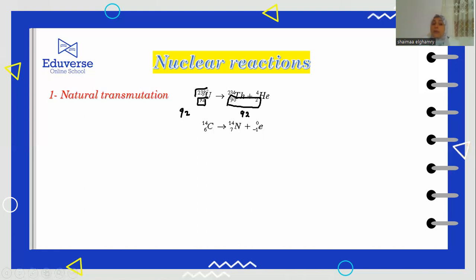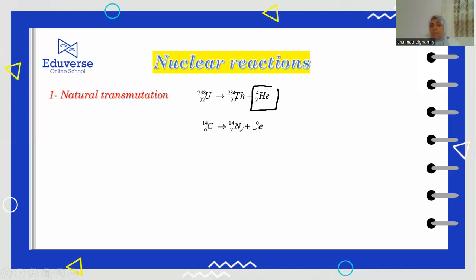Also, the mass number of the reactants should equal the mass number of the products. This way, you can answer a question asking what particle is produced when uranium-238 (atomic number 92) decays to give thorium-234 (atomic number 90). You write the equation and balance it to guess whether the particle is alpha or beta.